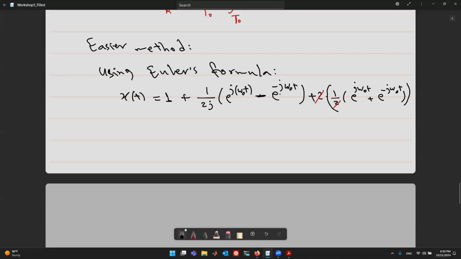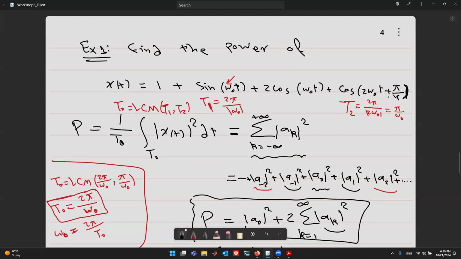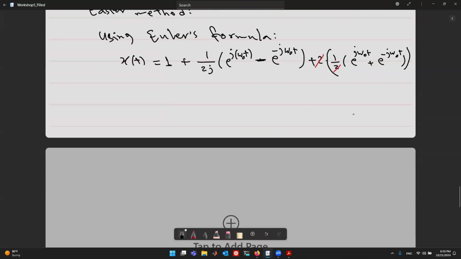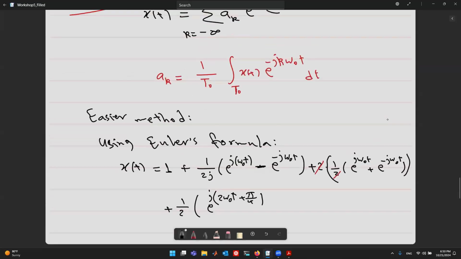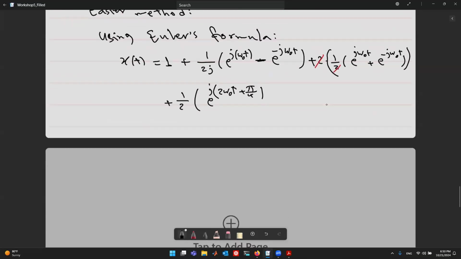This is the cosine, and this was the sine. The last term is also a cosine, but we have a phase shift here by pi over 4. So we'll have plus 1/2 e to the j (2 omega naught t plus pi over 4) plus e to the minus j (2 omega naught t plus pi over 4).